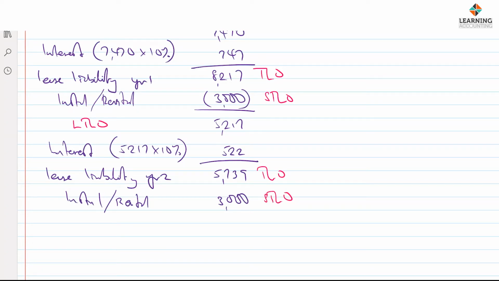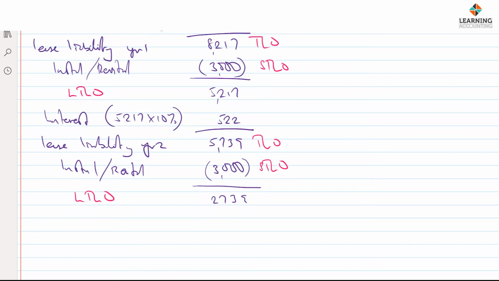And after deducting this, we have 2739, which is again our long-term lease obligation, and we'd have to calculate interest again, which is 2739 multiplied by 10% again, and that will give you 274 approximately again.